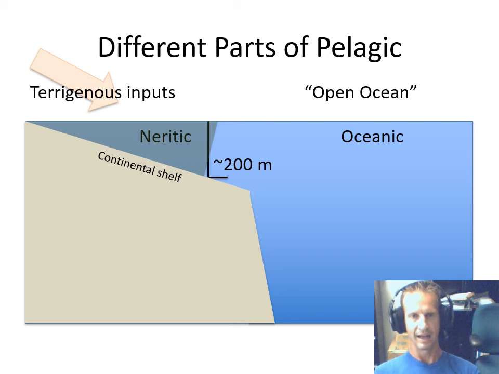So there's just a real difference that you can literally see in the color of the water, which tends to be more turbid with sediments and green with productive phytoplankton in the neritic zone, whereas the oceanic zone, the water is very clear, clean, and blue. It doesn't have a lot of debris or plankton in it, and the density of life in the oceanic part of the pelagic is lower as well.